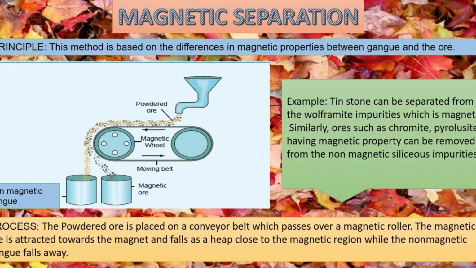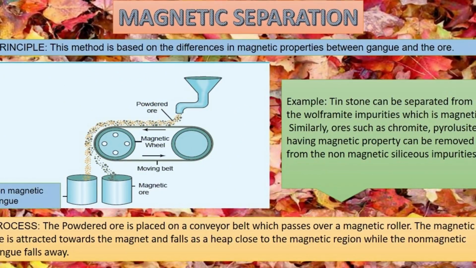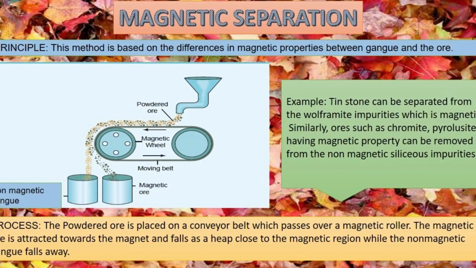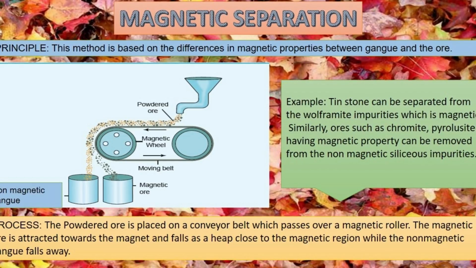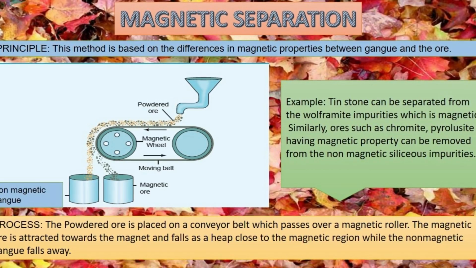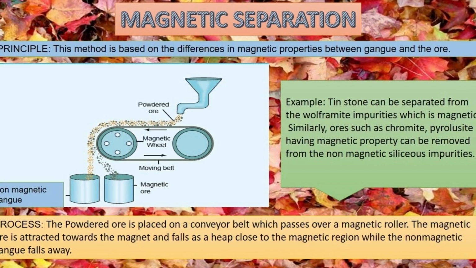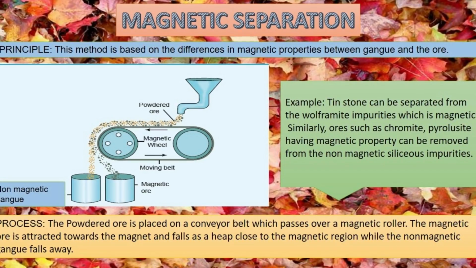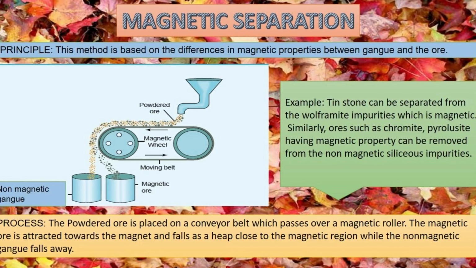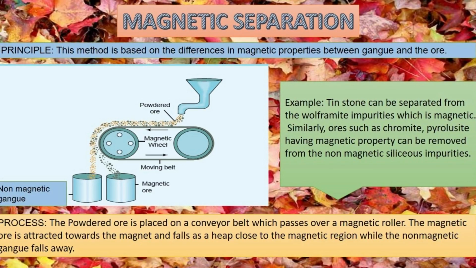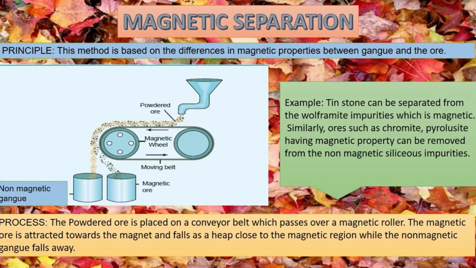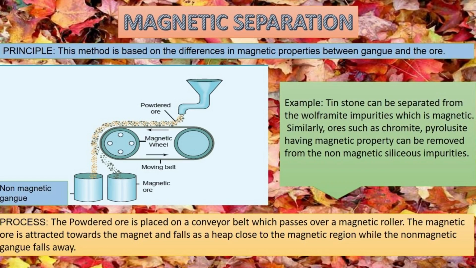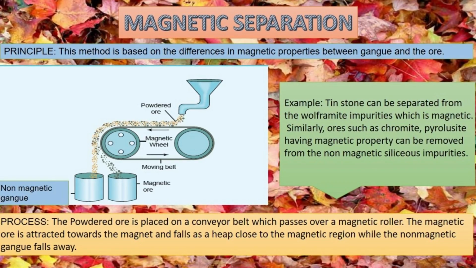Another method for the concentration of the ore is magnetic separation. This method is based on the difference in magnetic properties between the ore and the earthly impurities. Here, either the ore or the gangue must have a magnetic property and one should get attracted by a magnetic field. Only then can such separations be carried out.